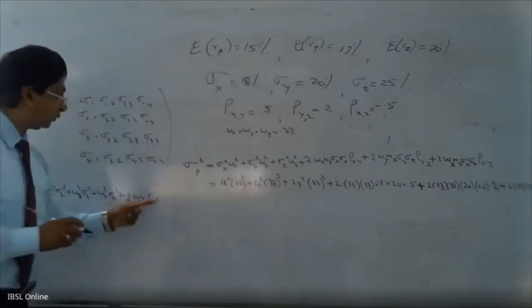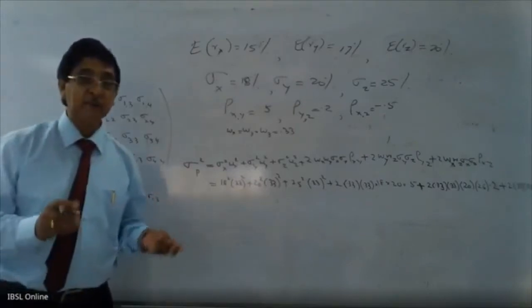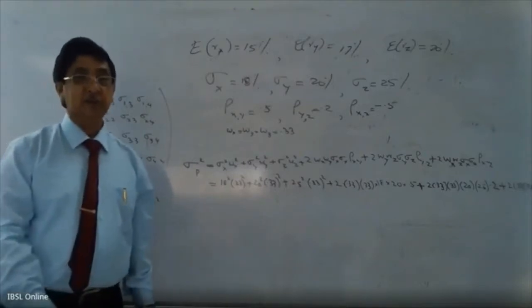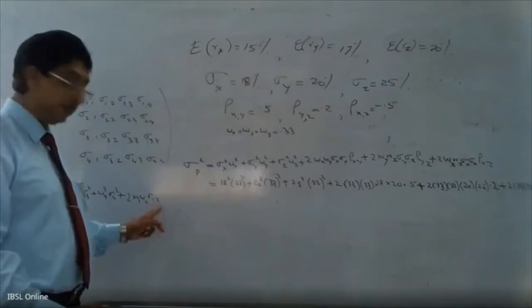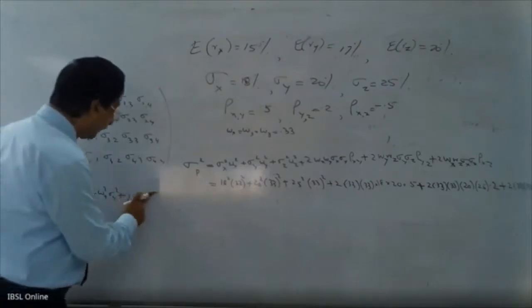Now, sigma 1,2 means covariance 1,2. Right? Or we can say covariance 1,2.